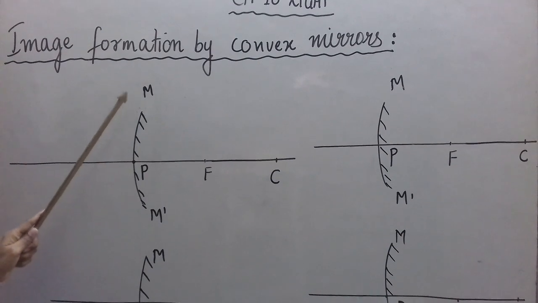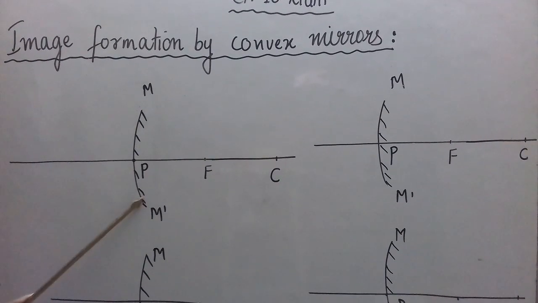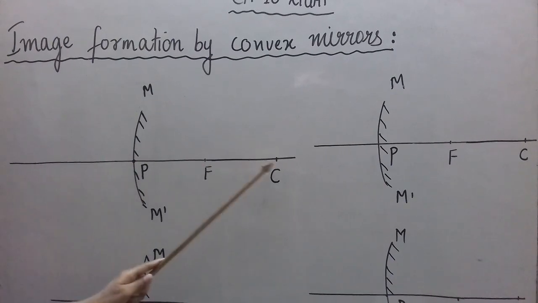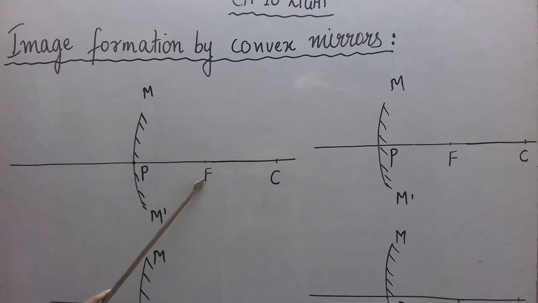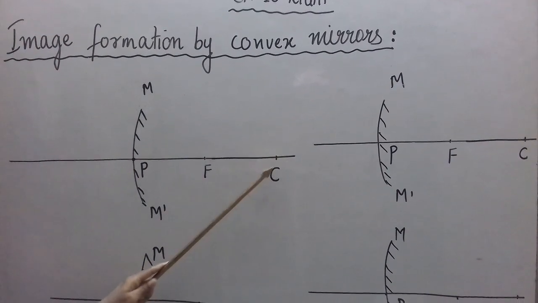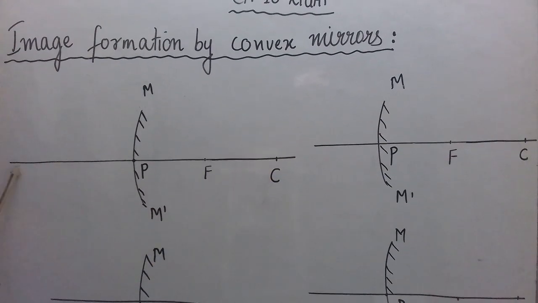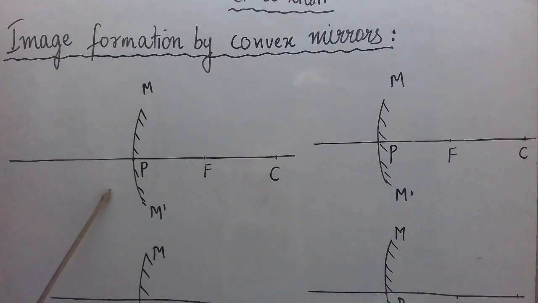For spherical mirrors having smaller apertures, F, that is the principal focus, lies midway between pole and center of curvature on the principal axis. So first of all, this basic thing should be drawn by you.